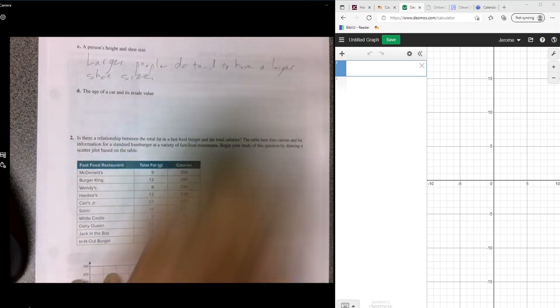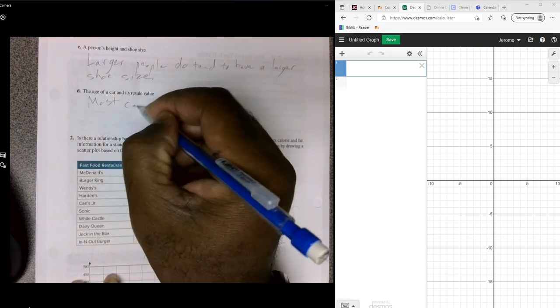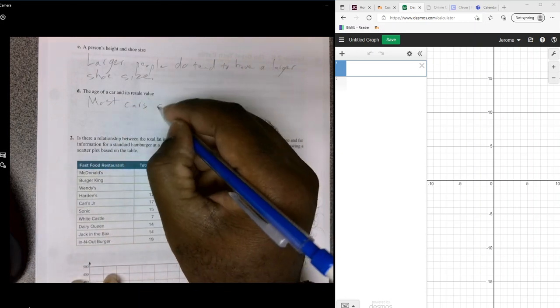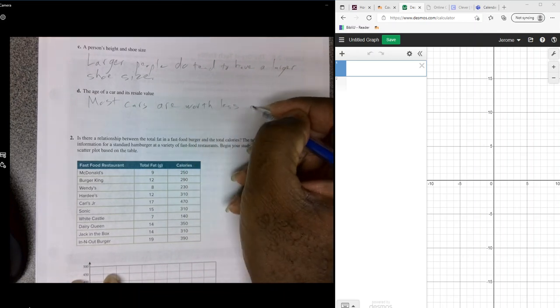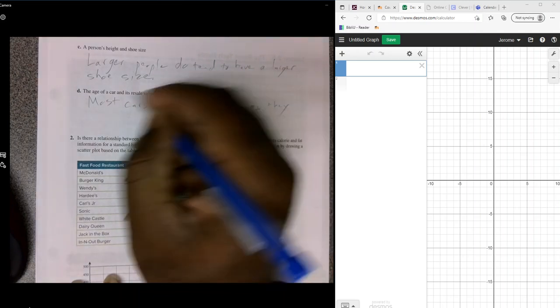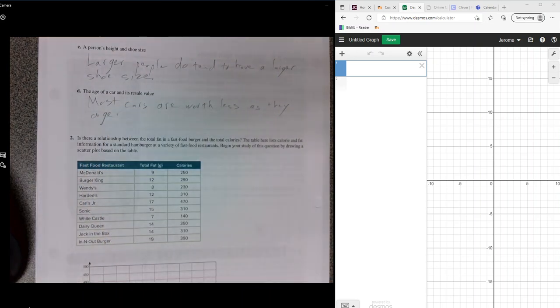Now, D, the age of a car and its resale value. Okay, most cars are worth less as they age. Now, there's only a certain amount of cars that is worth more, and those are vintage cars.